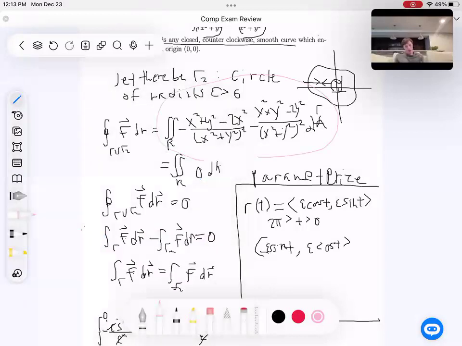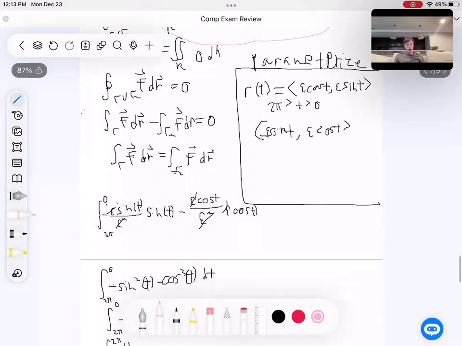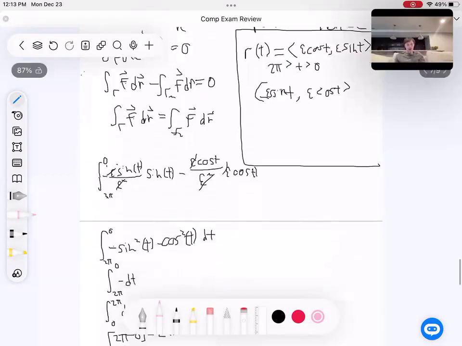All of this stuff is going to collapse to zero, and therefore we're able to set the line integral across gamma equal to the line integral across gamma 2, which we know is a small circle of radius epsilon. And so we just find the line integral of that.